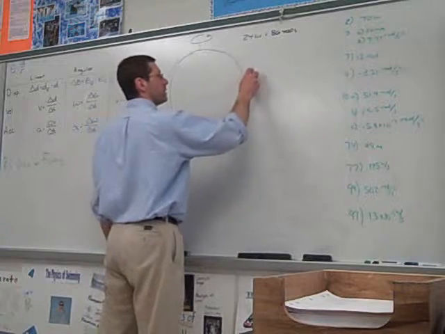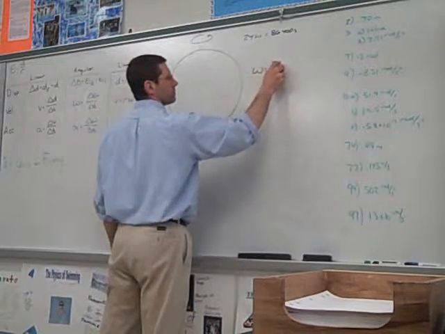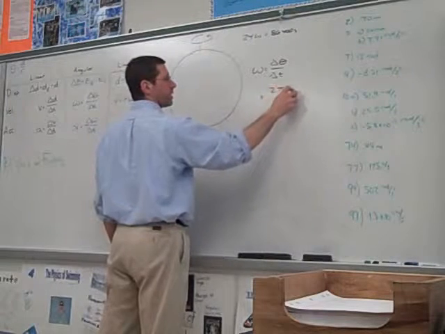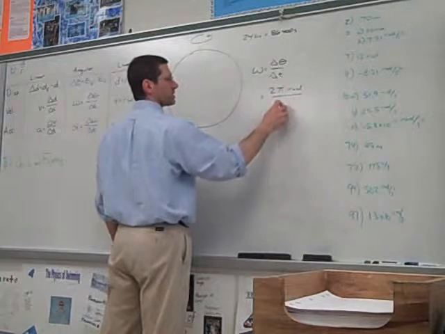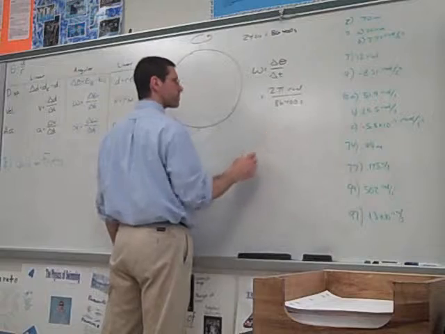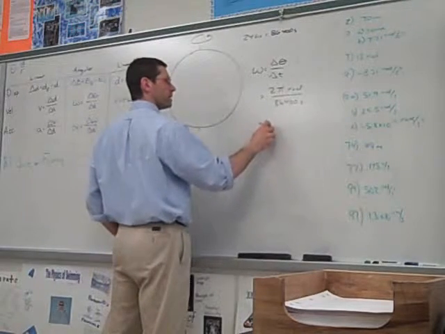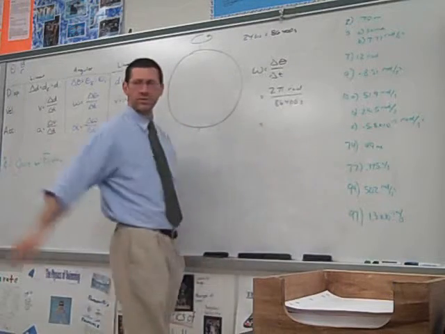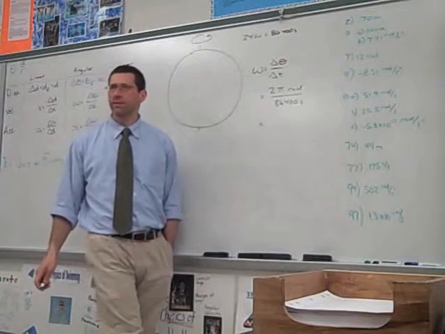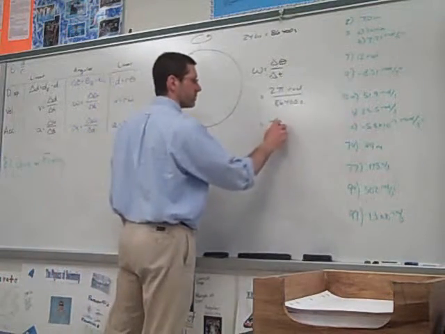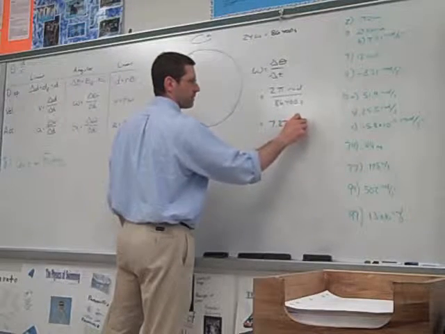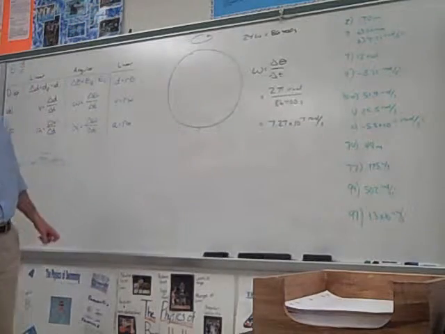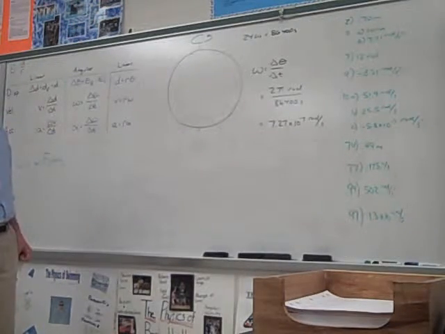So the average angular velocity, which is angular displacement over time, is 2 pi radians over 86,400 seconds. That is 7.27 times 10 to the negative fifth radians per second. So that's the angular velocity of Earth.